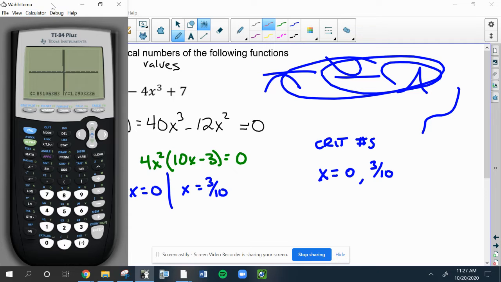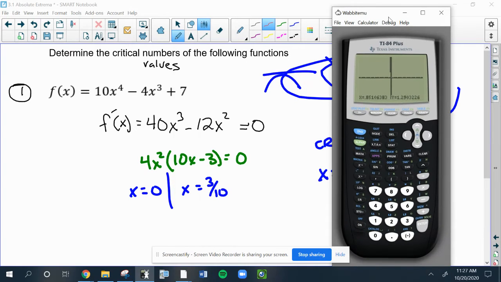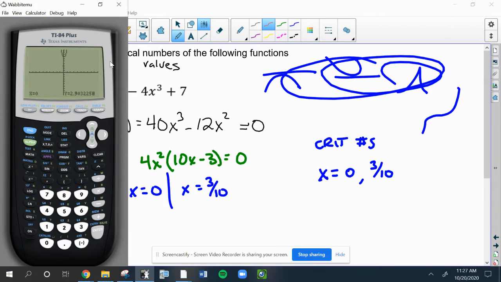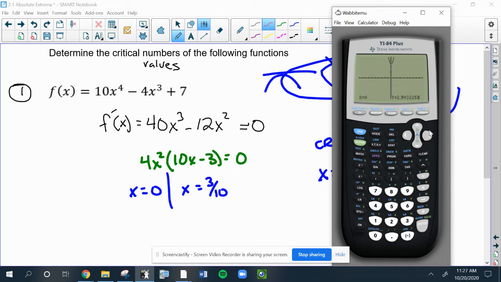When I zoom in, I'm going to try to get towards 8.85. Actually, let me do it this way. Zoom standard is our regular zoom. Let me zoom in up here, and move my cursor up to this area. Sorry about that.